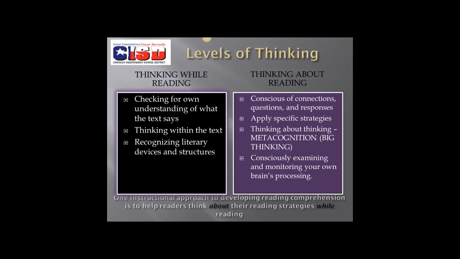It's deeper reading, where we're able to apply specific strategies depending on what we're reading, where we're actively thinking about our thinking, and where we're consciously examining and monitoring our own brain's processes. One instructional approach to developing reading comprehension is to help readers think about their reading strategies while they read.